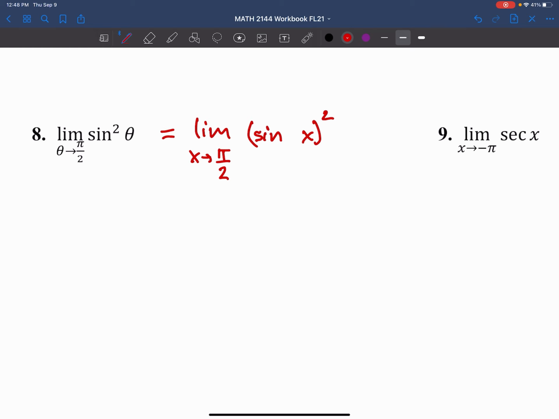So just keep in mind that what we're really doing here is sine of pi over 2, all of that squared. Notice again, when I plug it in, the limit is gone. So sine of pi over 2, what is that? That's 1. 1 squared is 1.